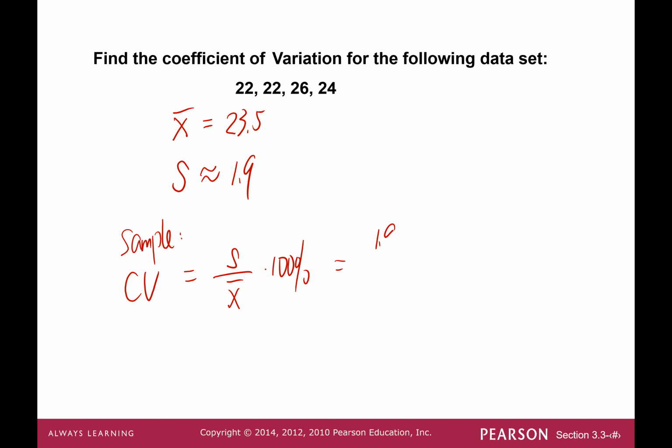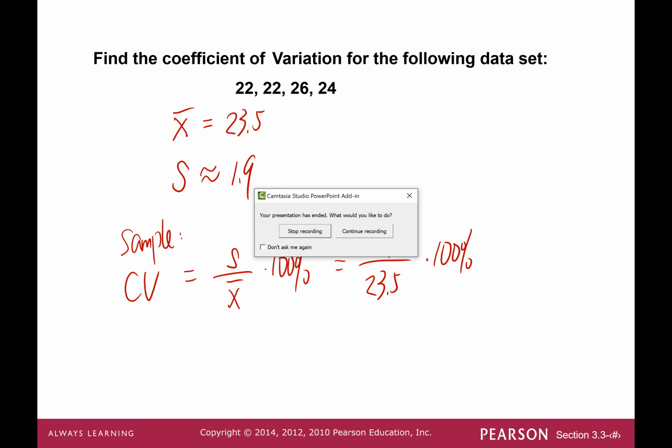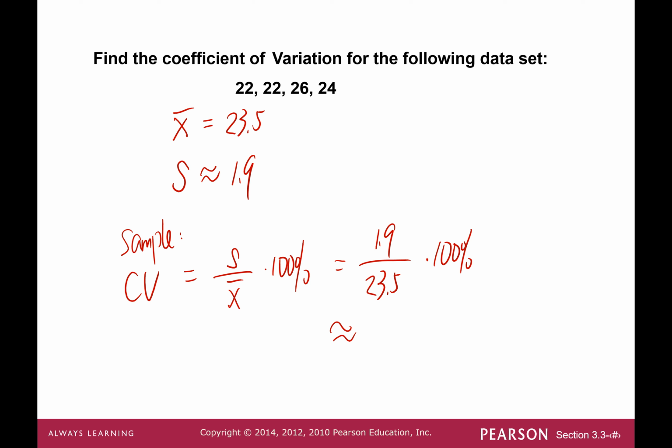So using 1.9 over 23.5 times 100%, and this is approximately 0.081, and turned out to be 8.1%. So the coefficient of variation for this particular sample is 8.1%. Okay, and that's how we calculate that.